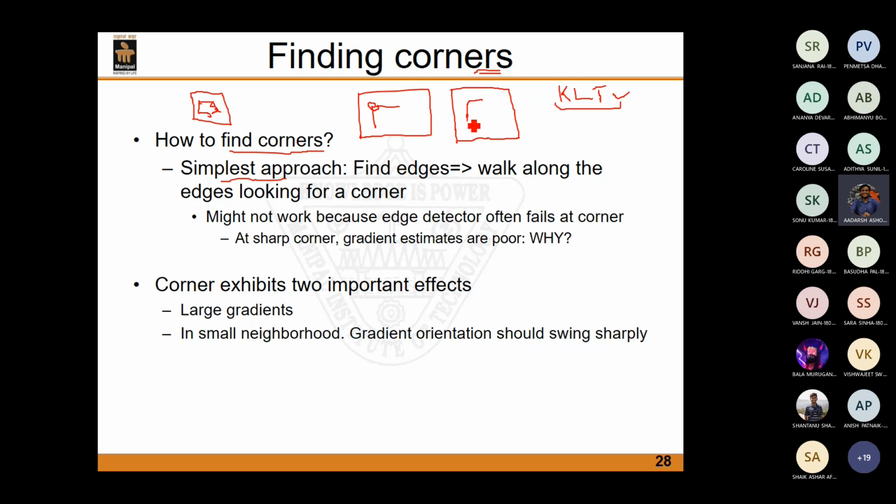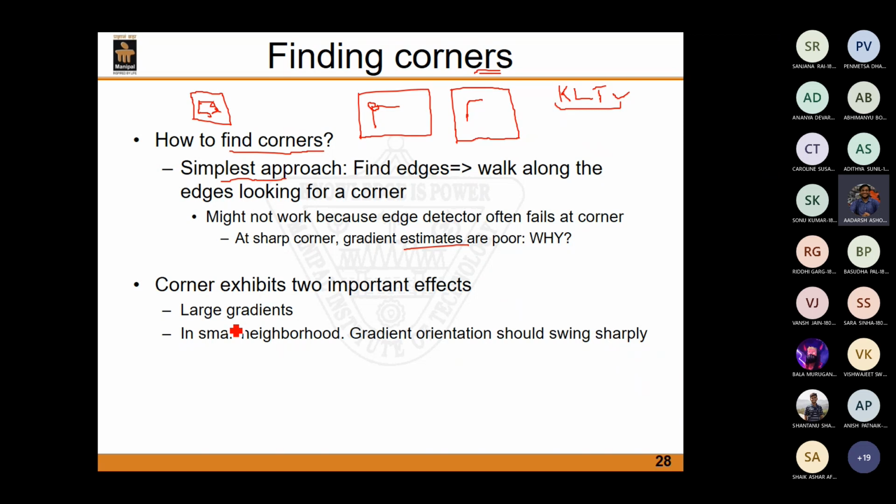It keeps changing and changing. So because of the smoothing that happens before finding the gradient, the corner details may get smoothened out, because of which the gradient information that we get may not be a correct or very sharp estimate. You might get poorer estimates of the gradient.